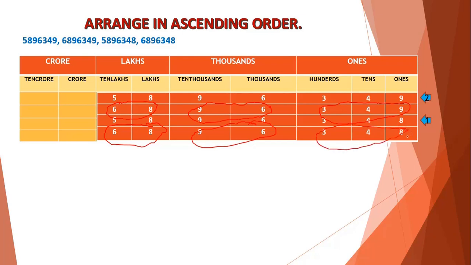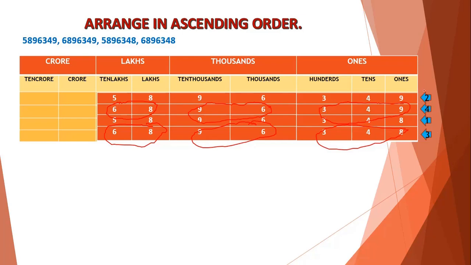We need to choose the smaller, so therefore this number 348 became the third number. So I put a third for this, and last we got the biggest number as this one, that is 68,96,349. We got first, second, third and fourth numbers, and I mentioned them here.